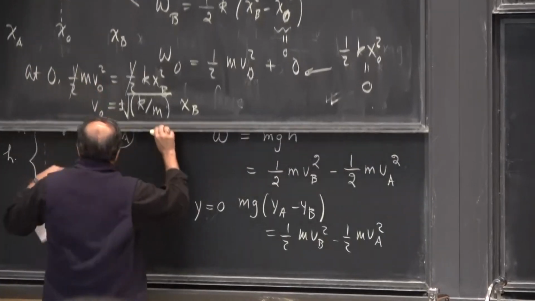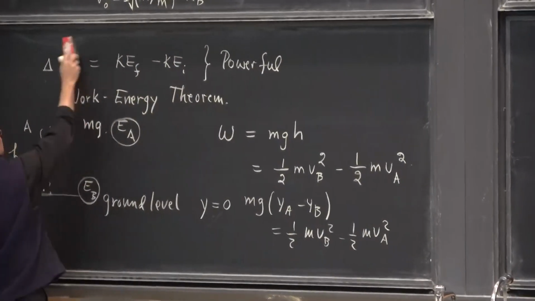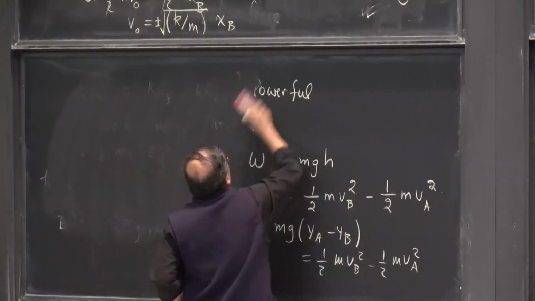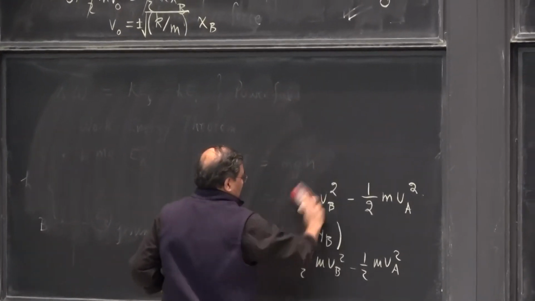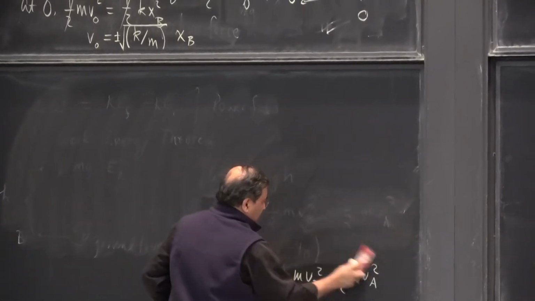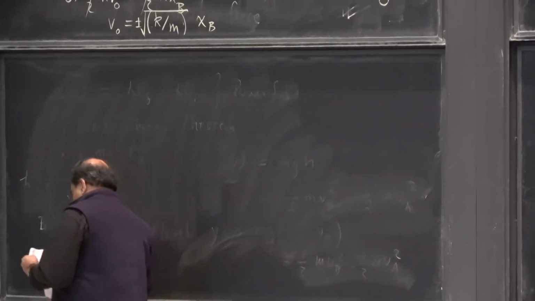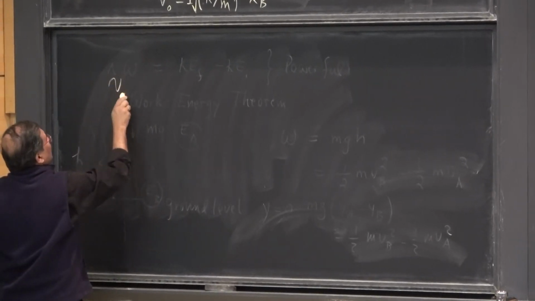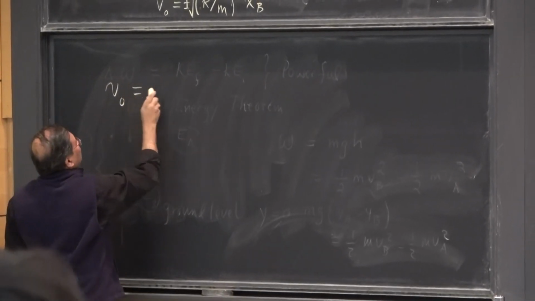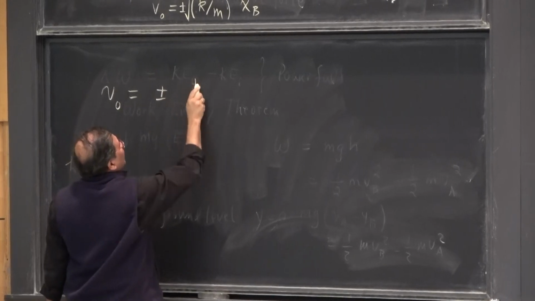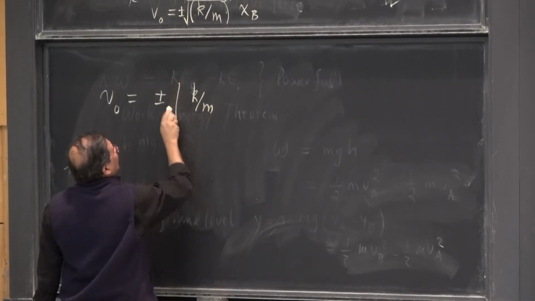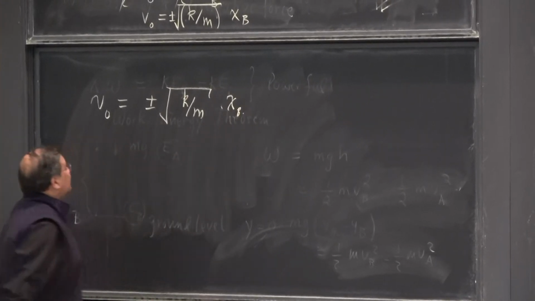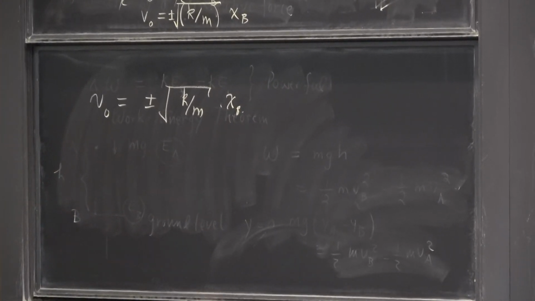So just to write it a little bit nicely, I should be able to then write that V0 is equal to plus minus k over m square root times xb. In this case xb. So V0 will depend upon how large my xb is.